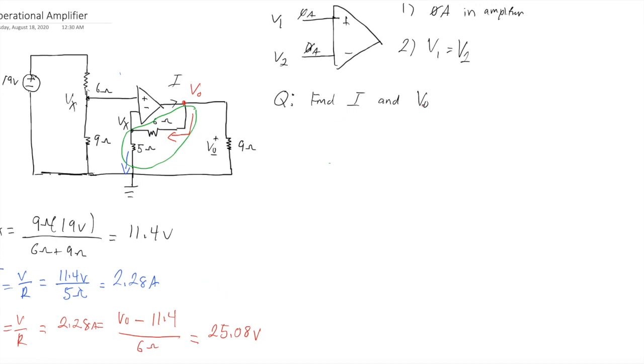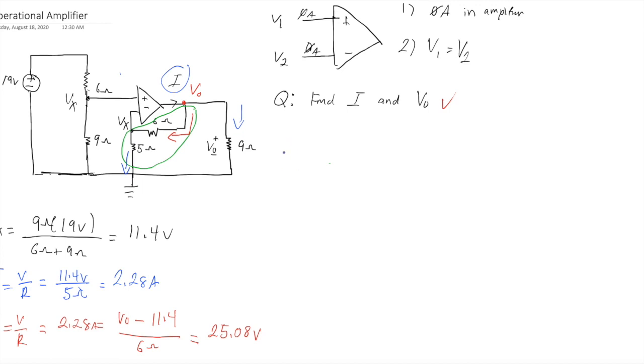Let's check that. Now all we have to do is find I, the current leaving the amplifier, and all we have to do here is perform a basic KCL. We have the current going through the wire outlined in green, and we can easily find the current going down this path because we know the voltage and we know the resistance.